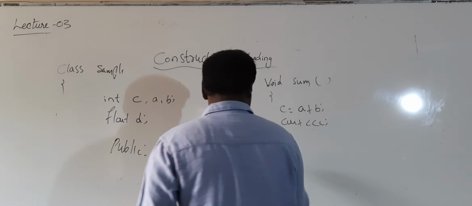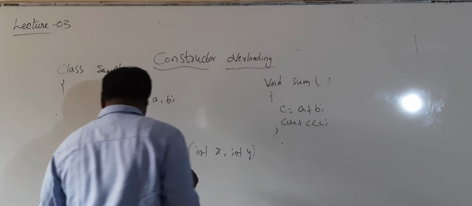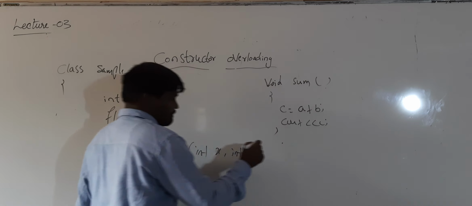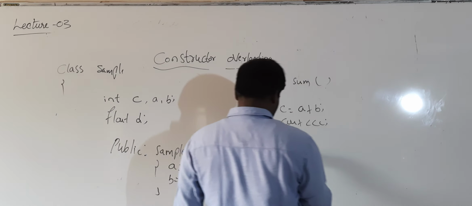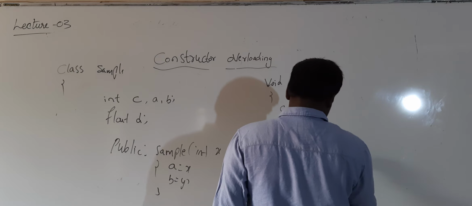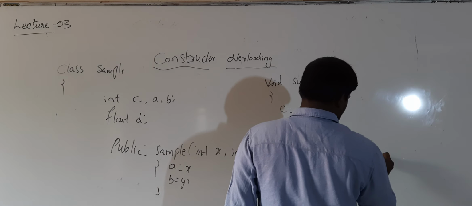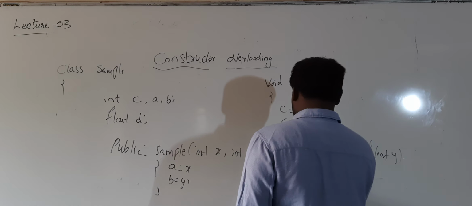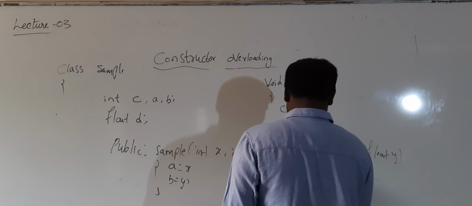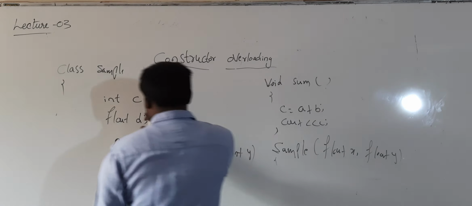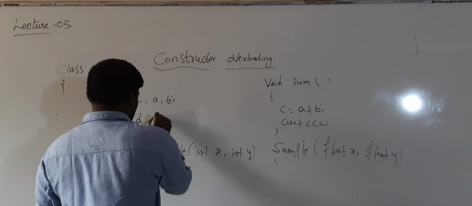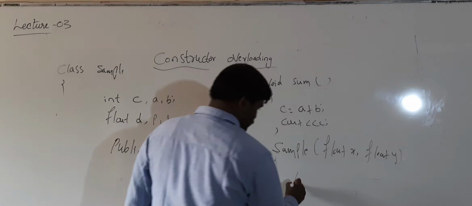Next I can define another constructor. Sample(float x, float y). Here also you can mention p, q.